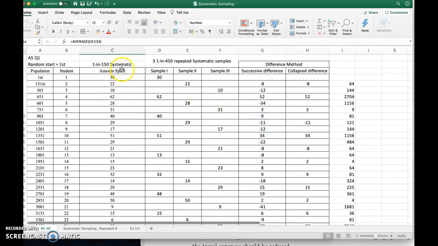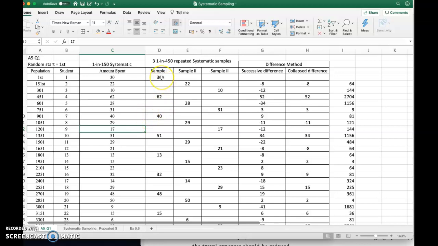In one systematic sample, actually I can divide it into 3 repeated systematic samples if each of the elements within the sample would be 450 apart. So what I'll do is divide the systematic sample into 1, 2, 3, 1, 2, 3, because I repeat 3 times, 1, 2, 3, etc.